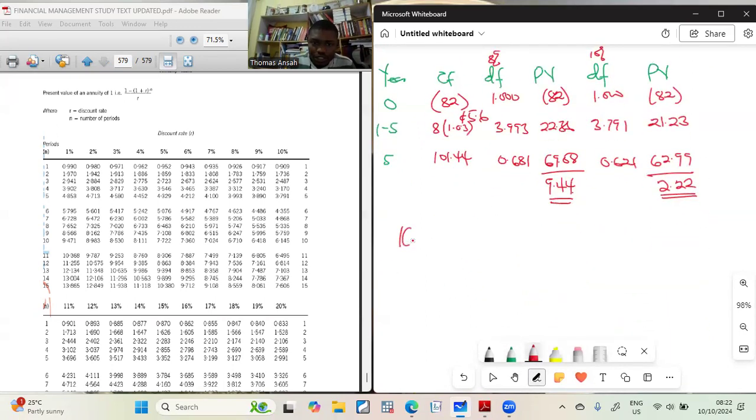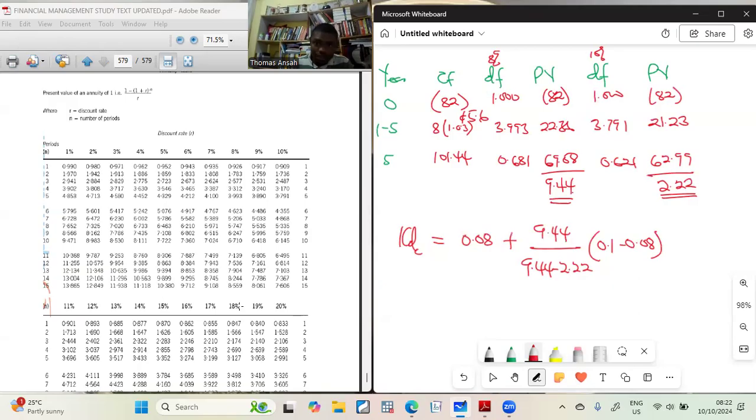So KD convertible is my first percentage, which is 0.08, plus the NPV of that, which is 9.44, divided by 9.44 minus 2.22, into bracket 0.1 minus 0.08.